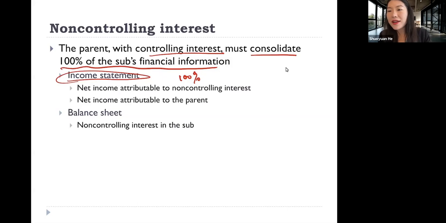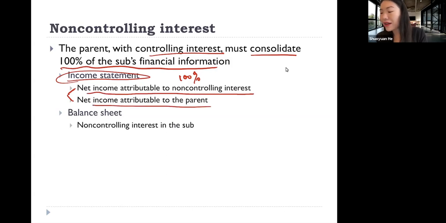The only difference from the previous situation when the parent has 100% ownership is that after we do the 100% consolidation of all of the subsidiary's income, we need to separate that consolidated net income into net income attributable to non-controlling interest and net income attributable to the parent. We're going to see an example shortly, but the idea is we first do the 100% consolidation, and then we separate the amount.